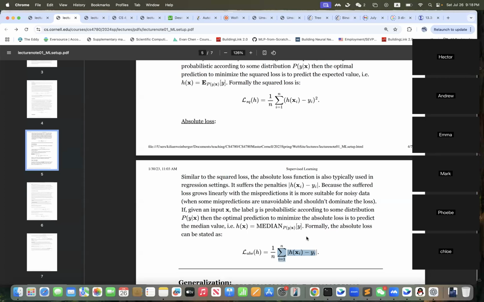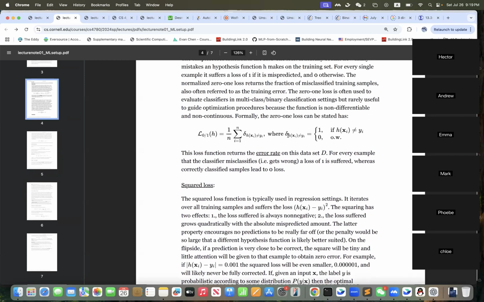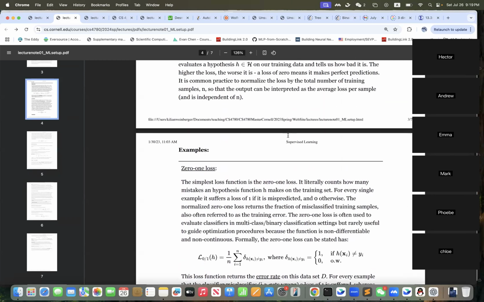In square loss, 5 - 1 squared is penalized by 16, because 4 squared is 16. And in 0-1 loss, 4 and 1, and 3 and 1, are not that different: 4 does not equal 1 and it incurs a loss of 1, and 3 and 1 are also not equal, so it also incurs a loss of 1.